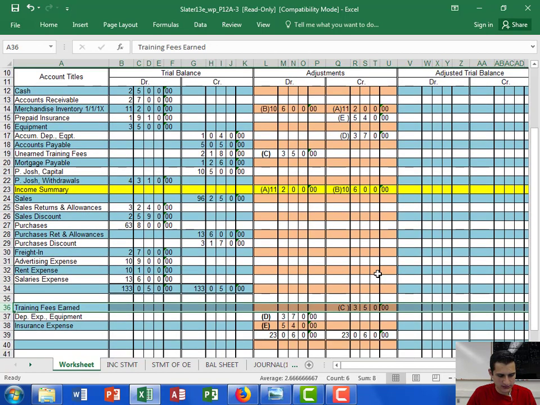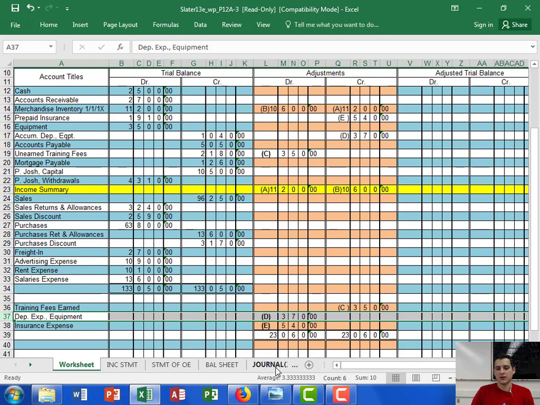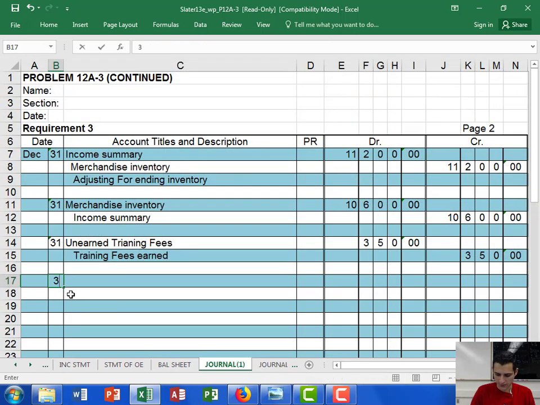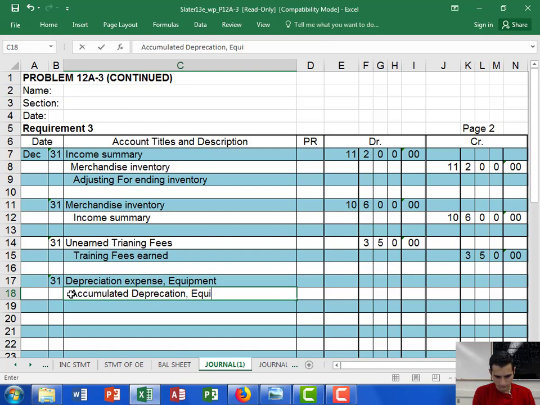And then transaction D, you got your debit of depreciation expense for equipment. So you're going to then go into your journal, 31st, depreciation expense for your equipment, and you're going to credit accumulated depreciation for equipment for that amount.